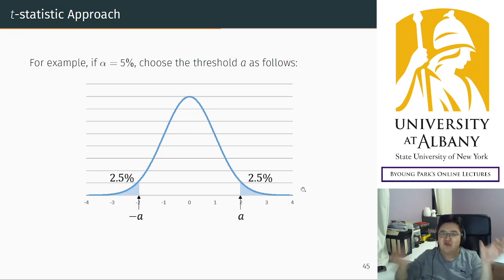Then you have to reject bottom 2.5%, top 2.5%. So the cutoff points will be these 2 points. These 2 points will be 1.96 and minus 1.96, which is the common value, the values we have used many times before, and again we use them again.